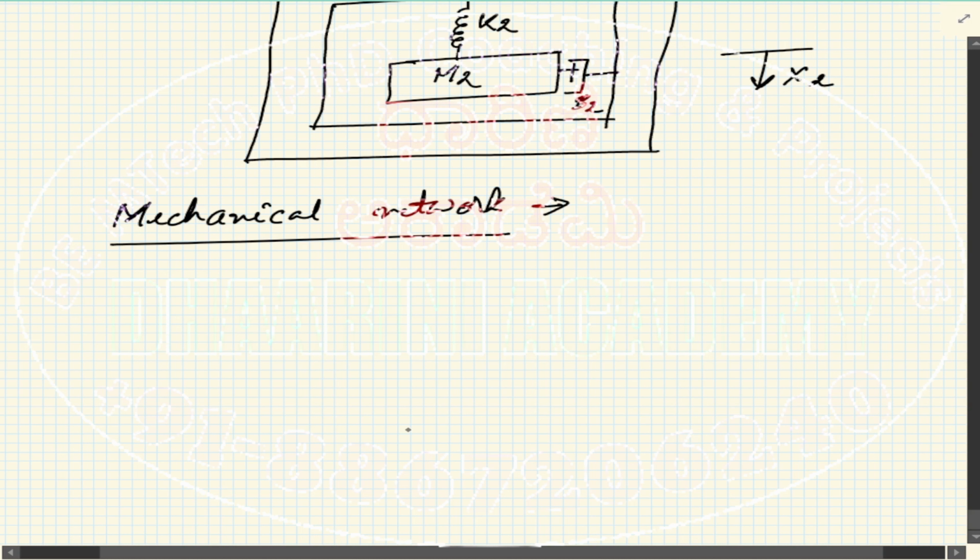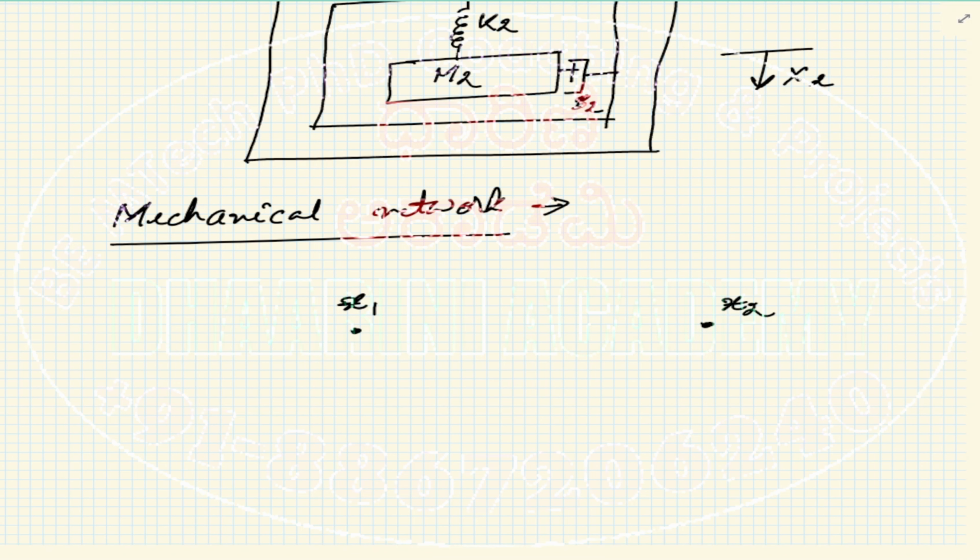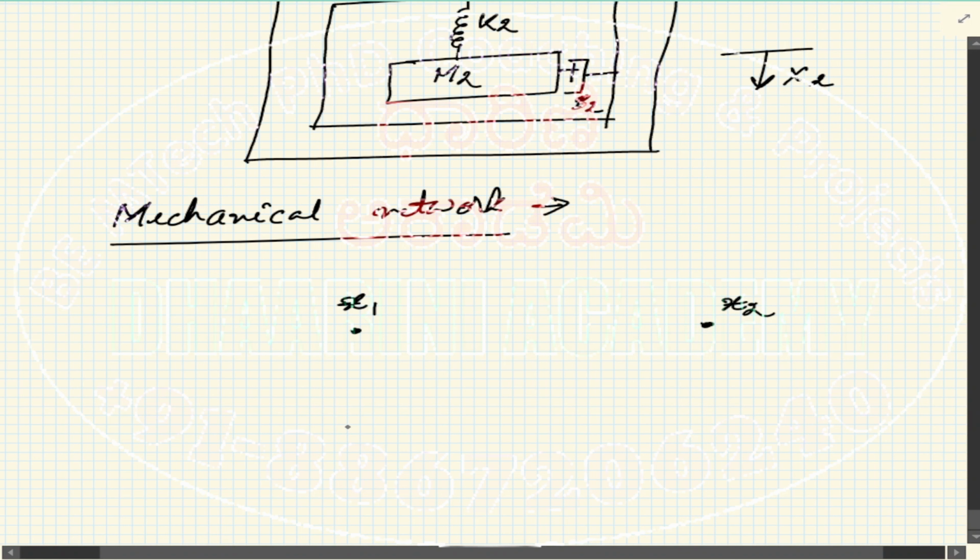I can see that the two nodes are x1 and x2, right? This is obvious because there are two displacements. Why only two? Because there are two masses. Mass is the only component where the whole mass moves as a single body, correct? Because of that we are writing in this way.